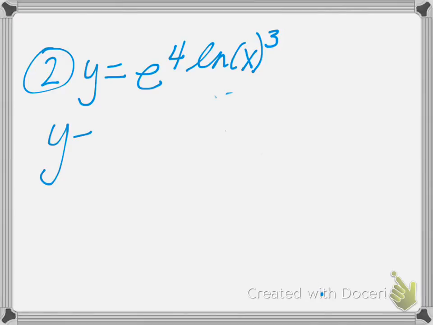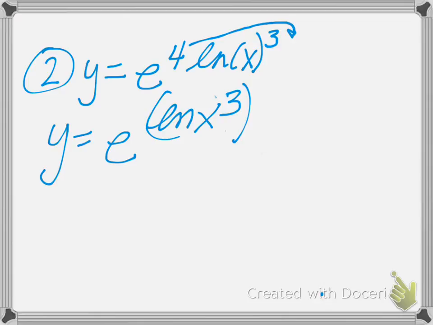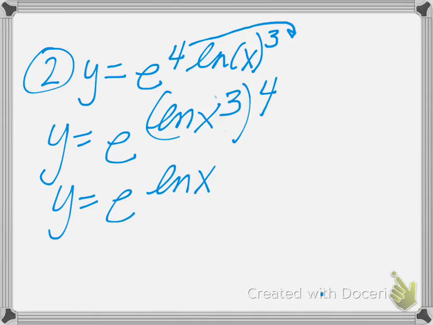Okay, if you rewrite it, take this 4 and bring it up here. So you're going to get ln of x cubed all to the 4th. And if you remember from algebra, the rule is when you have an exponent to an exponent, you multiply them. So now you can go back and you can use that rule.